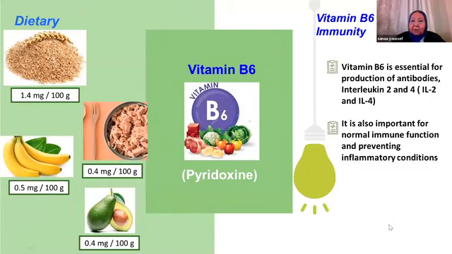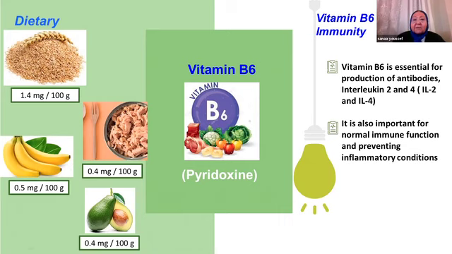Special vitamins which are needed for patients with inborn errors of metabolism are B6 and then B12. B6 is essential for the production of antibodies, interleukin 2 and 4. It is also very essential for normal function and preventing the inflammatory condition.